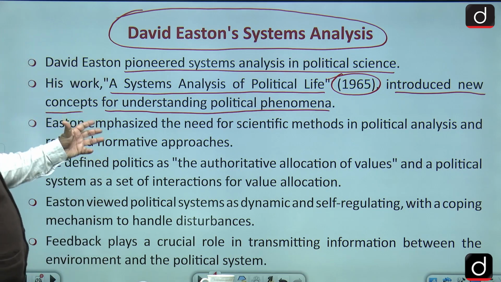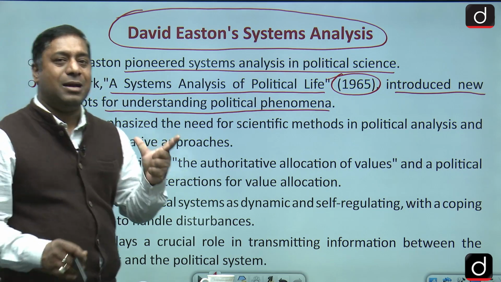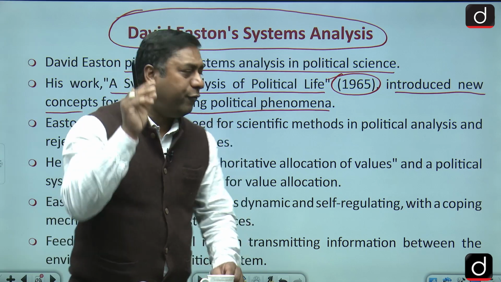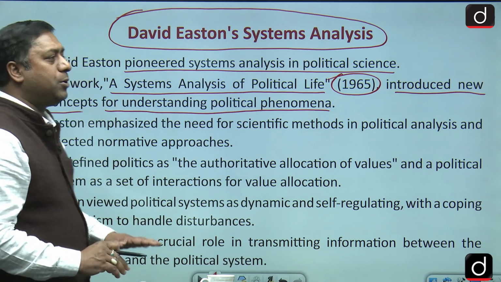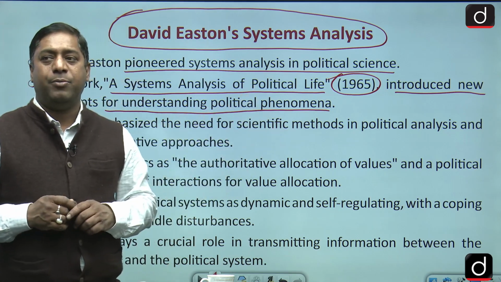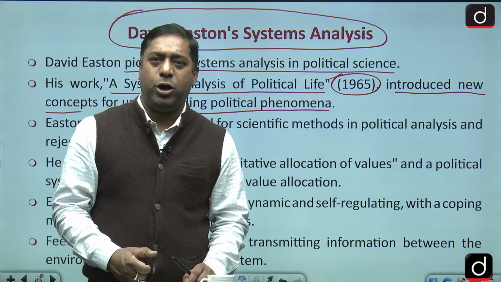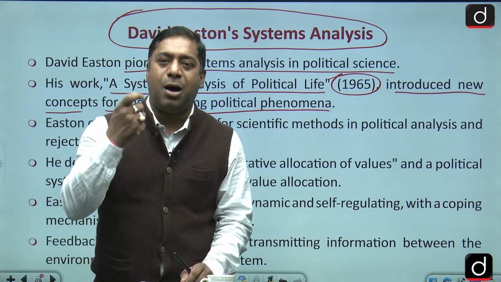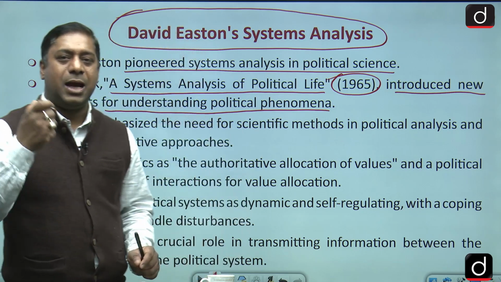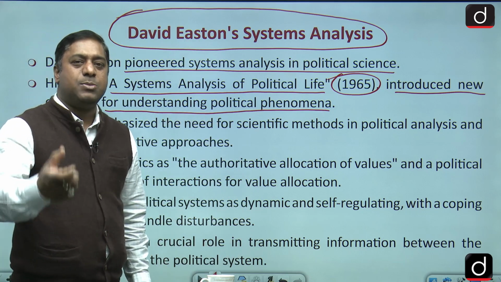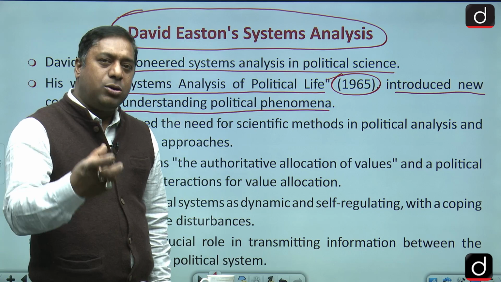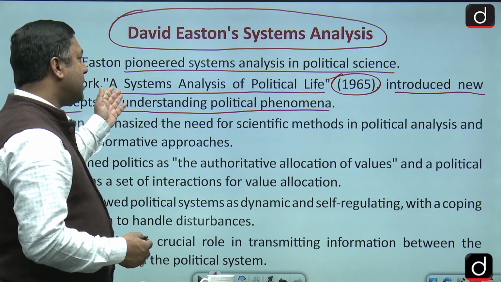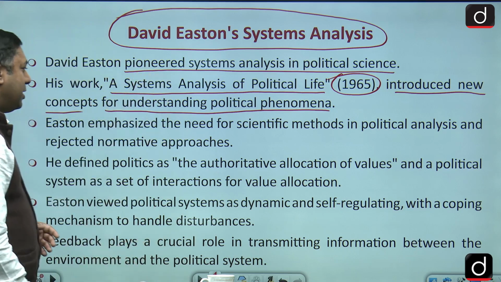And this new concept was nothing else but the system analysis. Not approach, systems analysis. And about this new concept, he had written in his work, A Systems Analysis of Political Life.